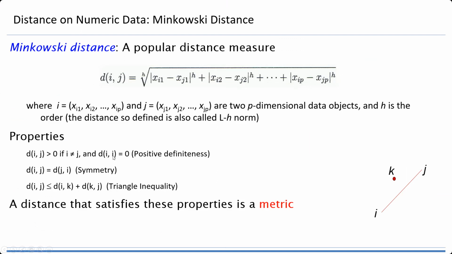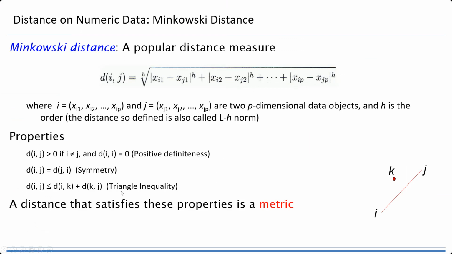So I and I, it means the data is the same, so the distance is 0. But if the data is different, I and j, then it will be higher than 0. We call this positive definiteness. It means there is no negative distance. Dij equals Dji. This is symmetry.